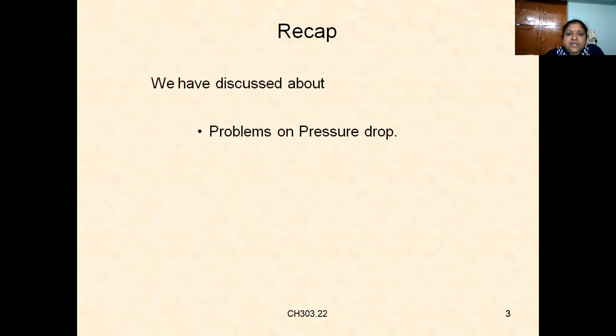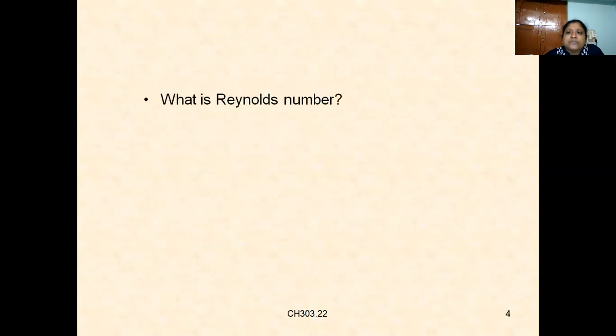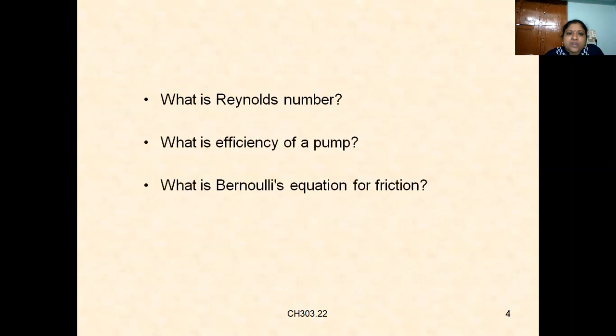In the previous class, we solved problems on pressure drop due to friction and head loss due to friction. Before solving the problems, you should compulsorily know what is Reynolds number, what is the efficiency of the pump, and what is the Bernoulli's equation for friction.